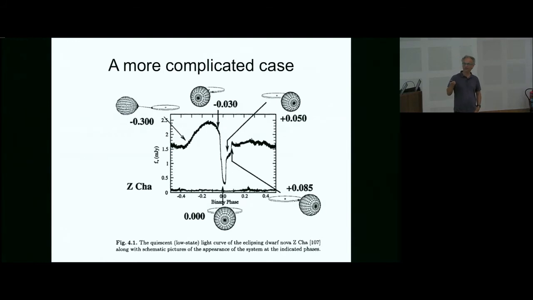And you see a star that is distorted, it has different temperatures, there is an accretion disk that is eclipsed, there is a hot spot on the accretion disk where the accreted matter hits the disk, and this hot spot is also eclipsed, which you see here.